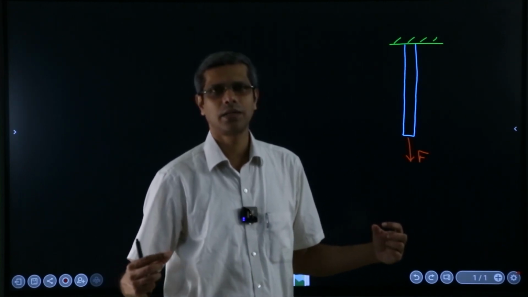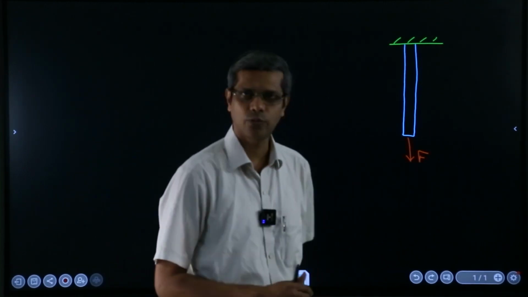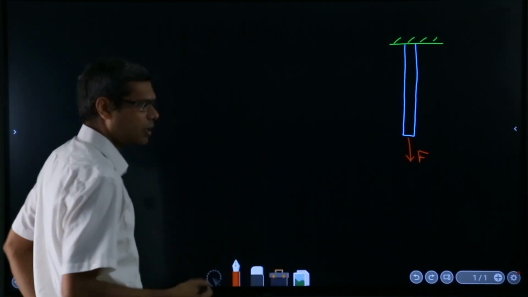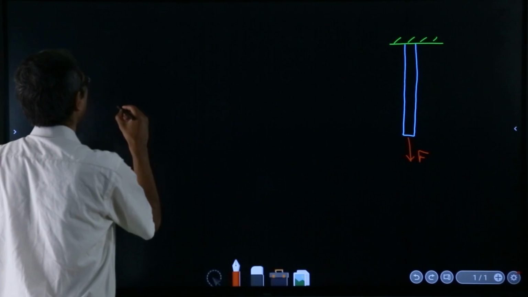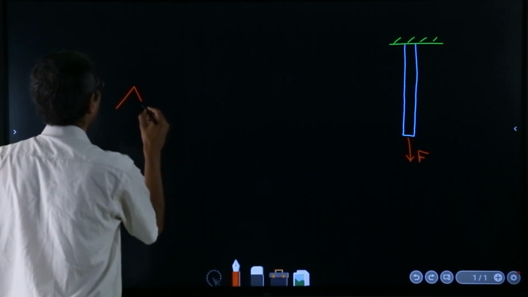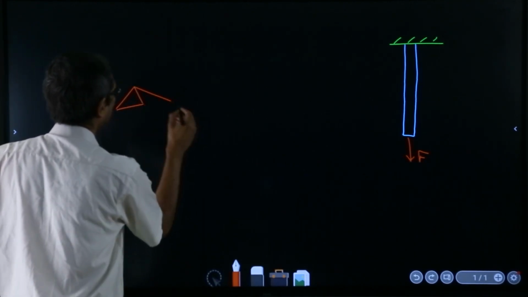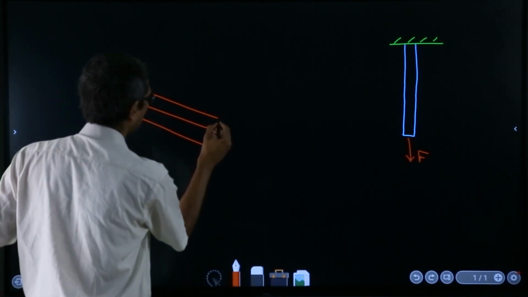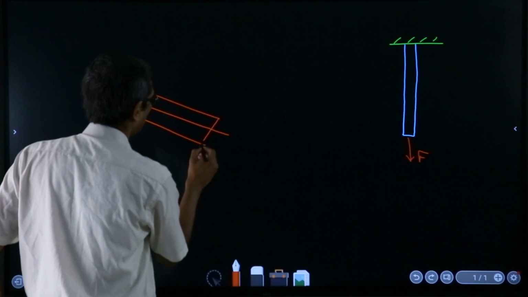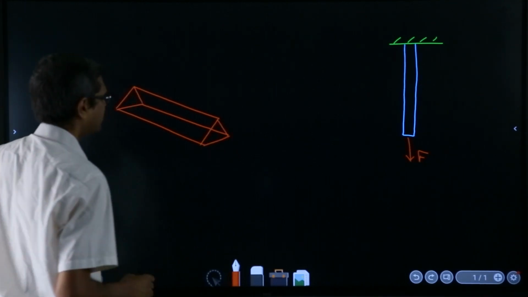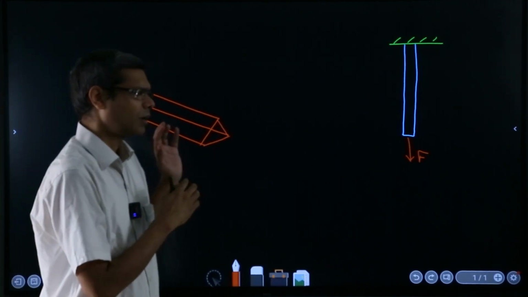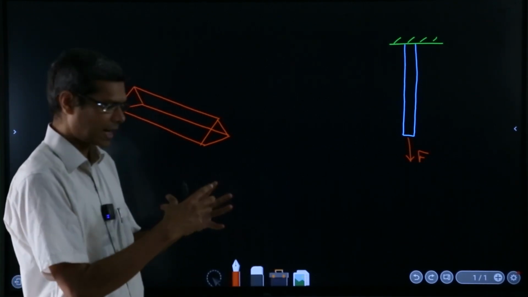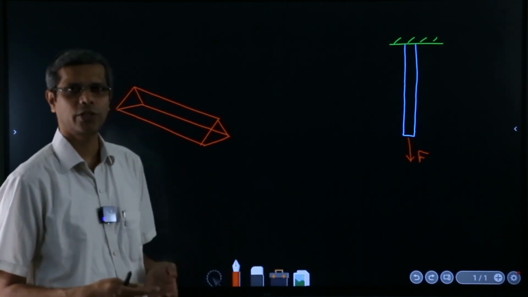That's why it's called the prismatic bar, because if you remember, you had always used, for example, a triangle. If you extrude, you will get a prism, right? Generally we call that a prism, but precisely it should have been called a triangular prism. You can have a rectangular prism, which generally we call a cuboid.